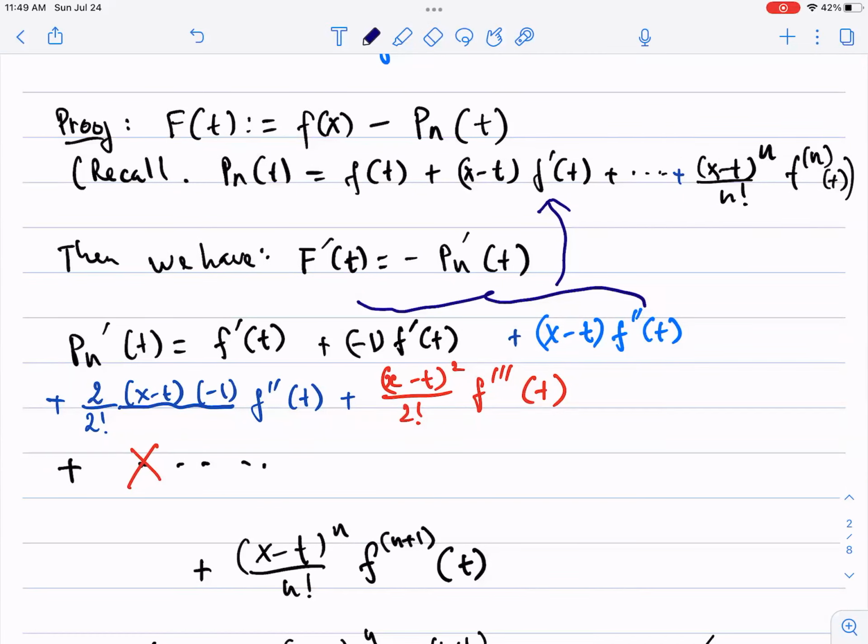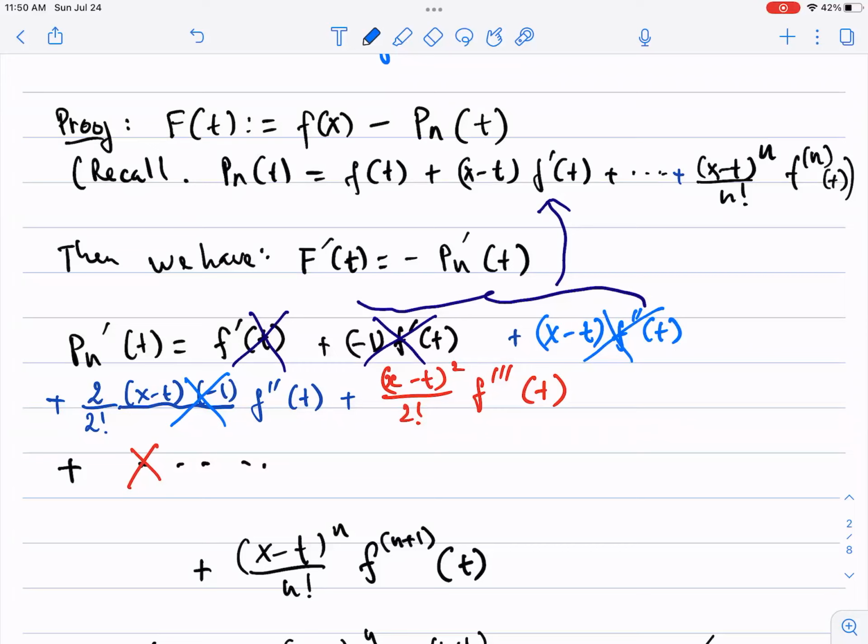And then you see that the first of these two terms cancels out the previous term, and the second of these two terms cancels out the next term of the same column. That is, when you take the derivative of the Taylor polynomial, there is a lot of cancellation.